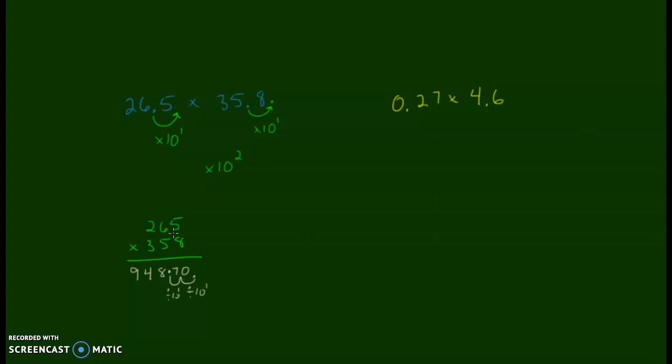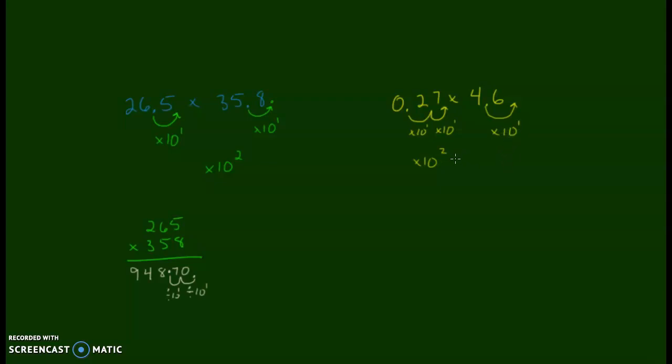Okay, for this next one here, I'll try to write it a little bit bigger. So again, this time, to get a whole number, we have to move it 2 to the right. So that would be times 10 to the first times 10 to the first, which is the equivalent of times 10 to the second. For 4 and 6/10, it has to move 1, so times 10 to the first.